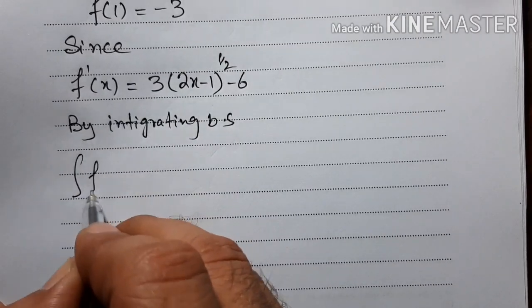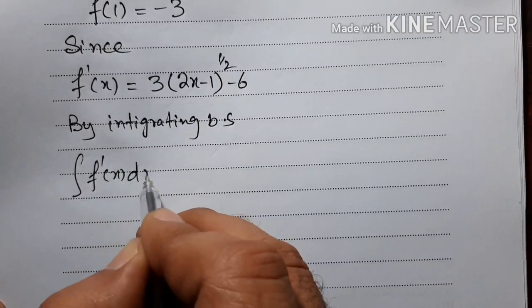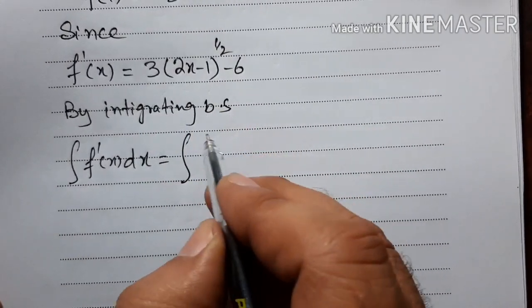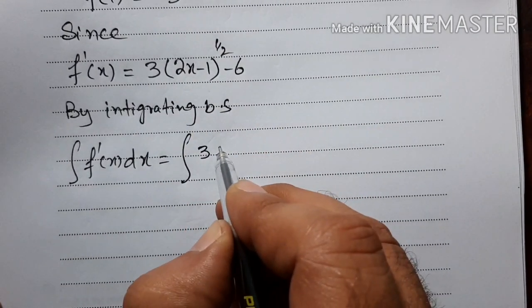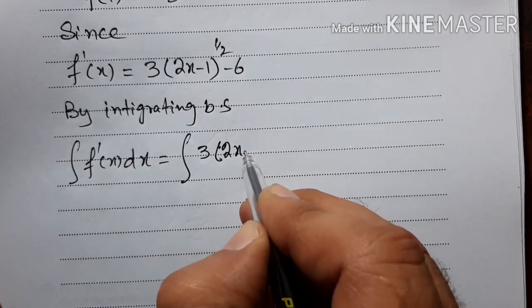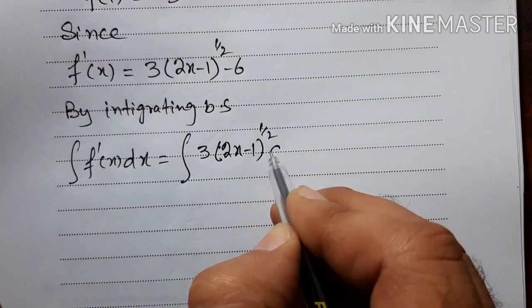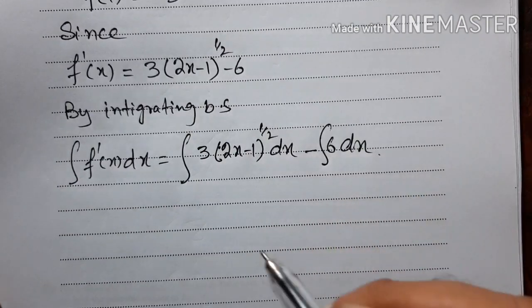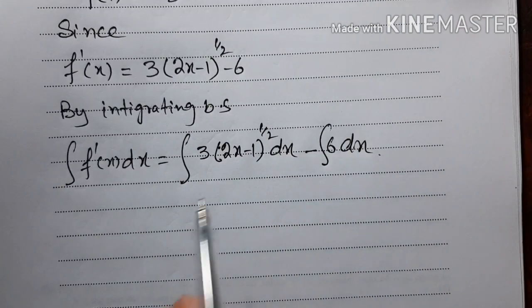So integral of f dash x dx is equal to integral of 3 into 2x minus 1 power 1 by 2 dx minus integral of 6 dx. I'll take separate integrals.